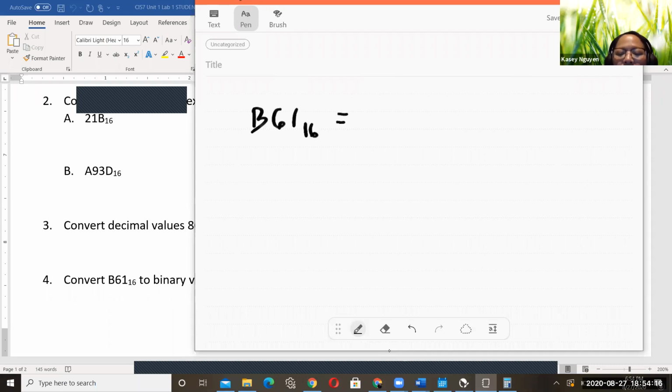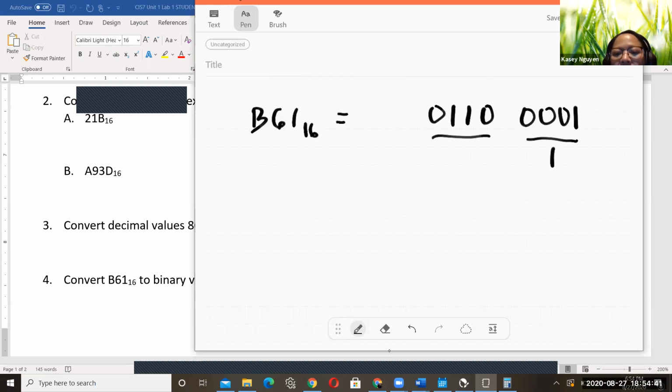So you start out with 4 digits for each of the hex values here. So a 1 is a 1, so that's easy: 0, 0, 0, 1. So this is a 1. And then a 6 consists of a 2 plus a 4. So 1 is off, 2 is on, 4 is on, and 8 is off.